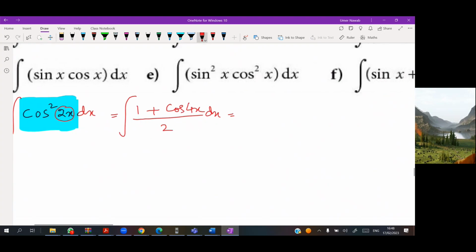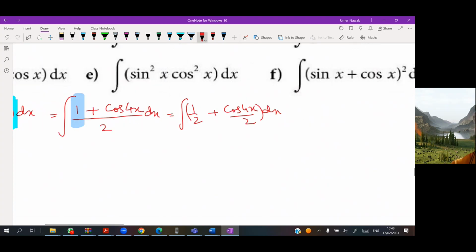Now, friends, integration of 1 is what? x. Plus integration of cosine of 4x is what? It's better to write 1 over 2 separate and cosine of 4x over 2 separate, and then do the integration.